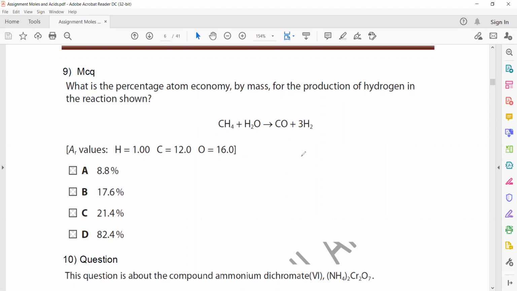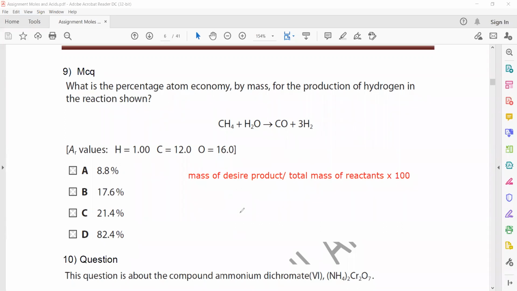For production of hydrogen, the formula for percentage atom economy is the mass of desired product divided by total mass of reactant or product, multiplied by 100. That is for percentage atom economy.